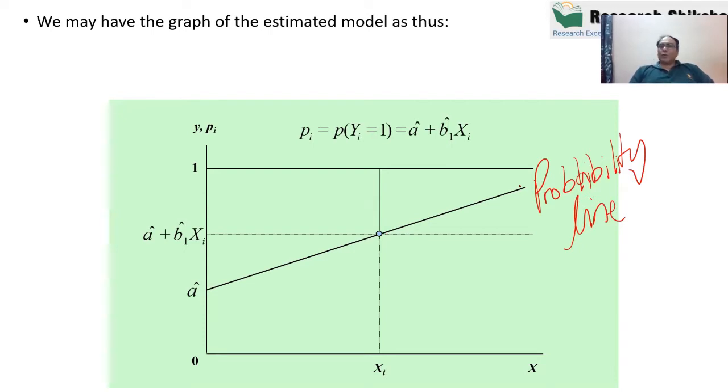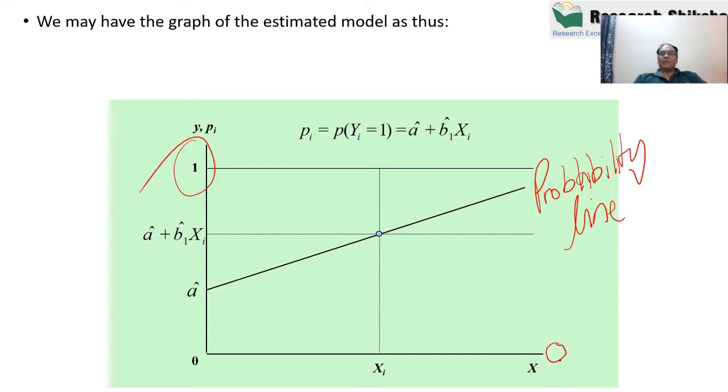And the probability of any event has a very basic assumption: the probability cannot be less than 0 and cannot be more than 1. It is a mathematical assumption that the probability of any event cannot be less than 0 or more than 1. So we assume that the probability of an event should lie between 0 and 1.